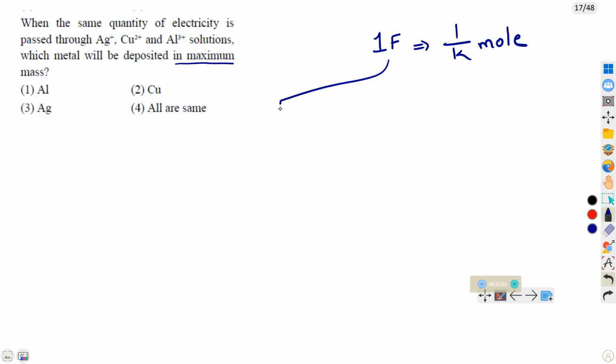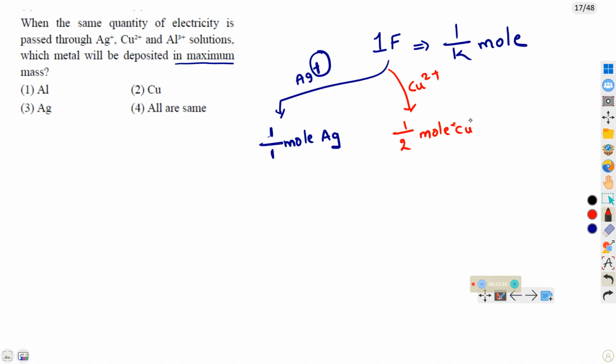If we pass 1 Faraday of current through Ag plus, then 1 by 1 mole of silver is deposited. For Cu2 plus, 1 by 2 moles of copper is deposited. For Al3 plus, 1 by 3 moles of aluminum is deposited.